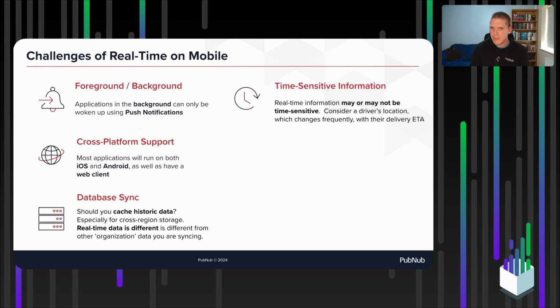The other thing is related to that, but time-sensitive information. Not all real-time data will be as relevant forever. The common example I use here is I'm getting a food order, like I've ordered from Uber Eats or Deliveroo here in the UK, and their driver is on the way with my food. I'm very hungry. Well, I'm not right now because I've just had a meal. But you can imagine that if I'm told where my driver was 2 minutes ago, and I'm also told where he was 5 minutes ago, I don't care where he was 5 minutes ago.